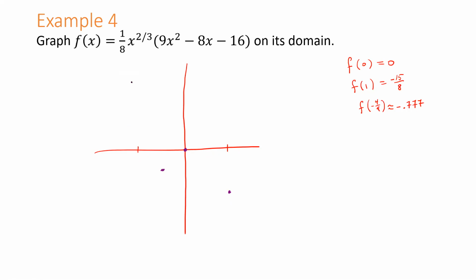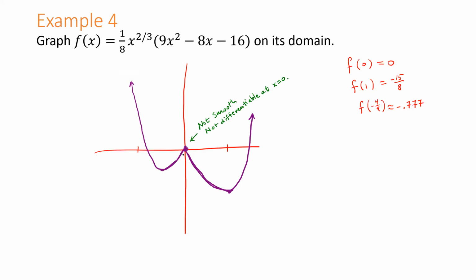And we can use the information there. We know it's going to be concave up over here, and then concave up over here. But notice here, it makes this interesting little cusp in the graph at 0, 0. So it's worth noting that this cusp is not smooth, right? So it's not differentiable there. So that creates that weird hard corner there.